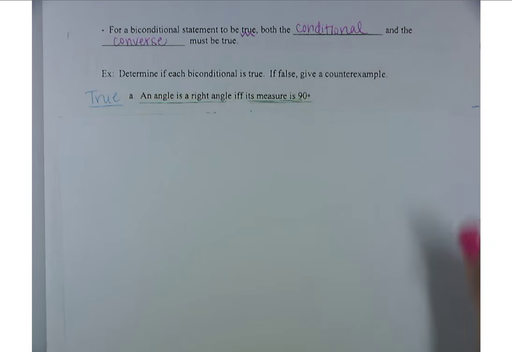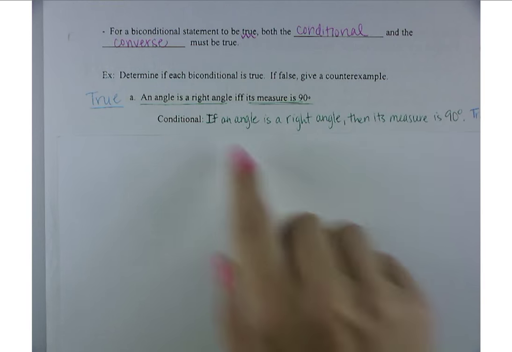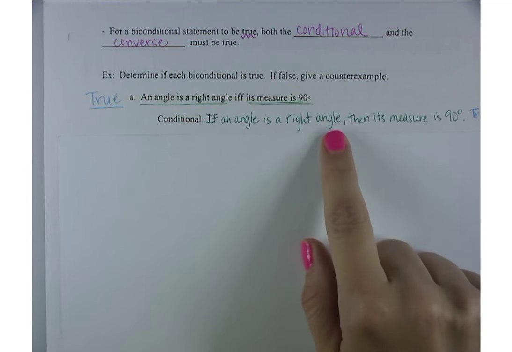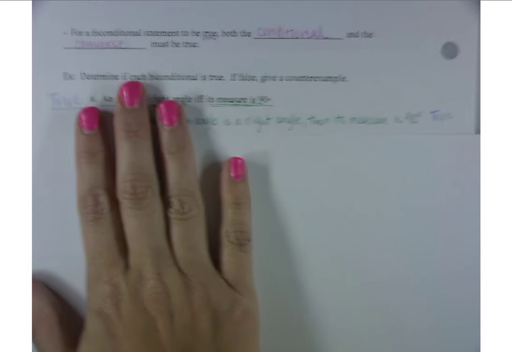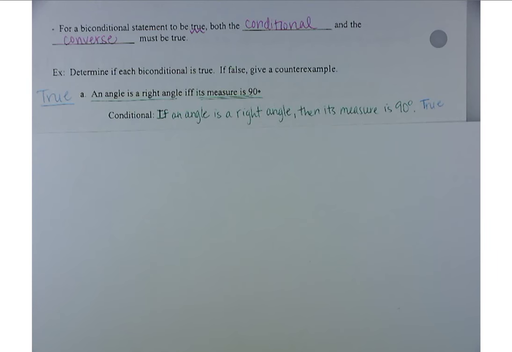Okay, so for the conditional, it will be if an angle is a right angle, then its measure is 90 degrees. Okay, if an angle is a right angle, then is its measure 90 degrees? Yes. Yeah, so that's going to be true. And then what Avery gave us was actually the converse. So if an angle measures 90 degrees, then the angle is a right angle. Is that true?